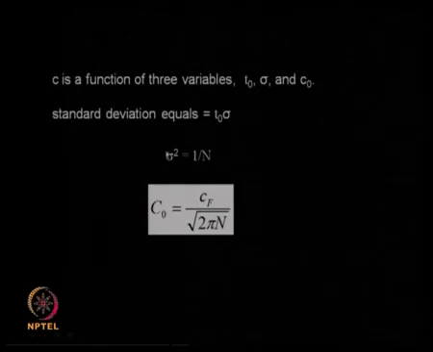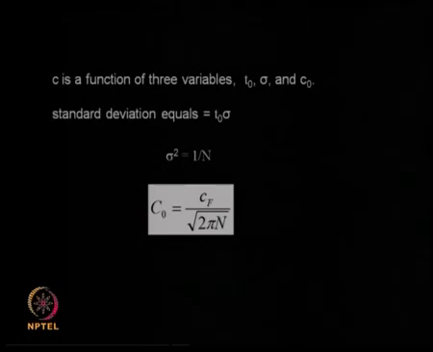So you see that there is a relationship between sigma and the number of theoretical stages or theoretical plates. And what is sigma? t naught sigma is the standard deviation, okay.